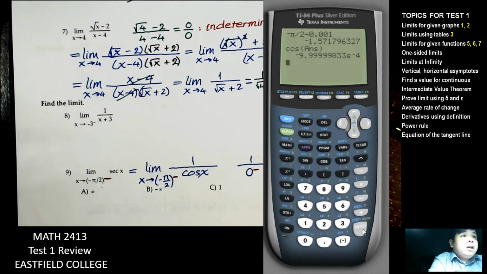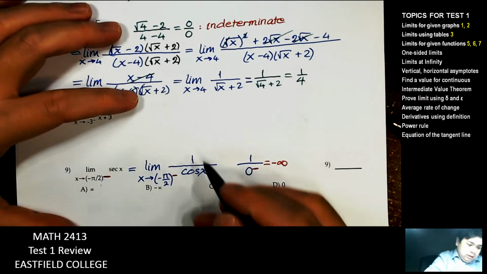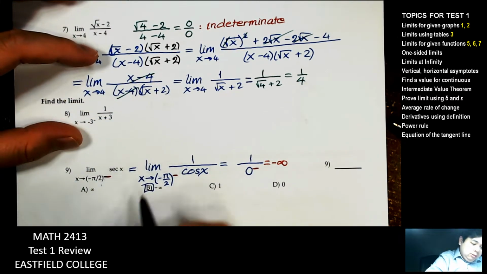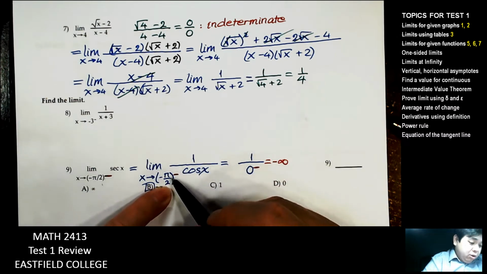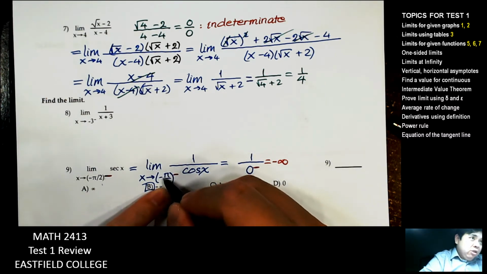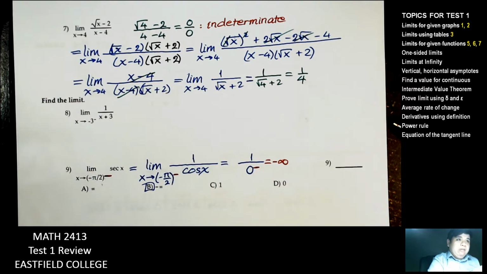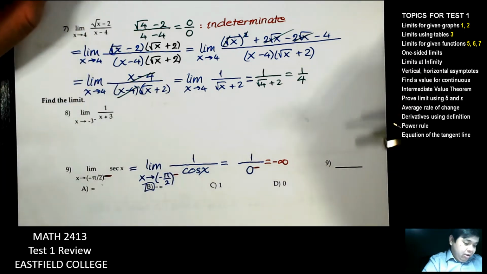Sorry, the calculator is in the way. By the way, when we put in the numbers, we take negative pi over 2 and subtract a small amount. We're going to have the number on the left of it. And then we just substitute and find the math. Positive divided by negative is negative. So that is consistent.